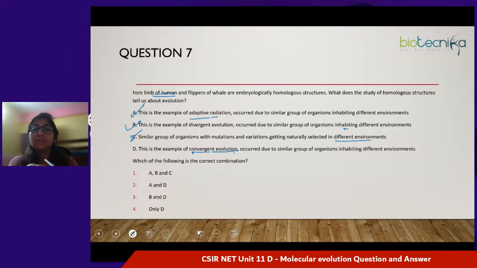So they have different structure, but they use it for the same purpose. Okay, so this is wrong about homologous structure. This is true for analogous structures. Okay, so the correct combination will be A, B, and C.